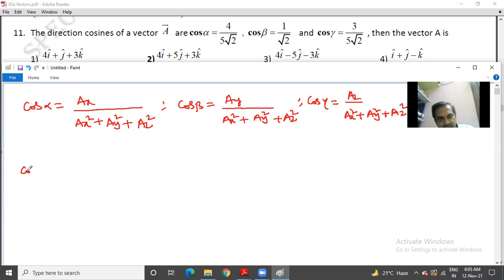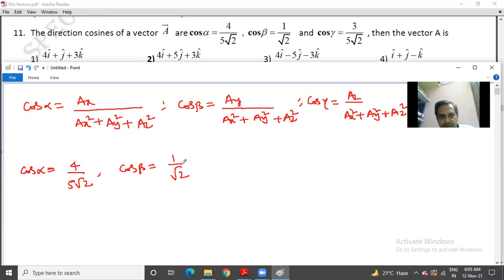So let me write cos alpha is equal to ax by the magnitude. In place of ax, they have given 4 by 5 root 2. Now cos beta is equal to 1 by root 2, but we have to get the magnitude at the denominator the same.